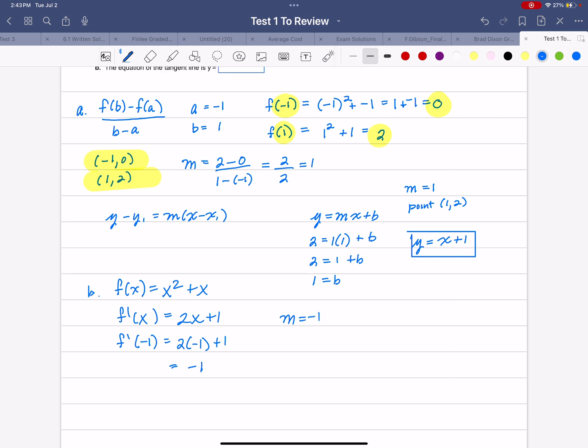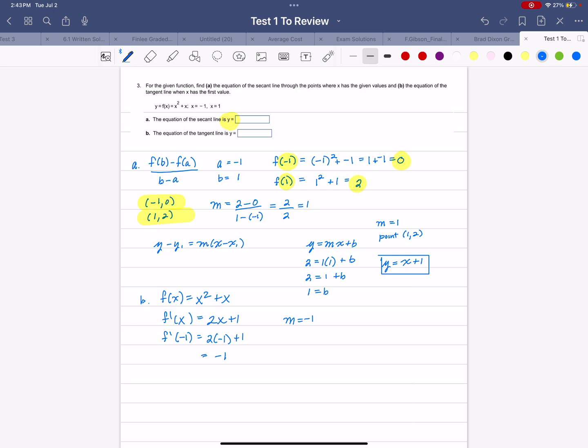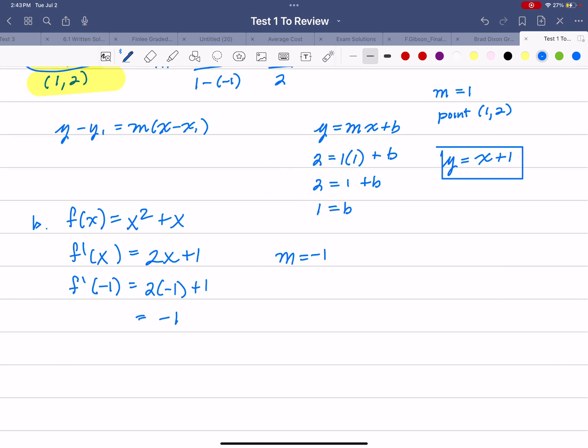And my point this time has to be at the first value. So I have to use the -1, 0. So my point is -1, 0. So y equals mx plus b, where y is 0, m is -1, x is -1, plus b gives me 0 is 1 plus b. Solving for b by subtracting 1, -1 is b.